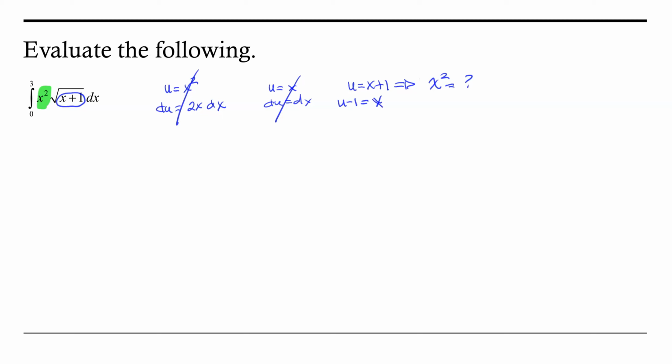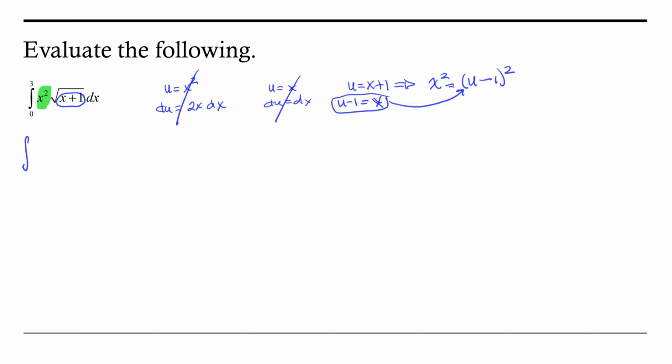And if u minus 1 is equal to x, then I can use this information, and my x squared can become u minus 1 squared. And you're probably thinking, okay, but how does that actually play out? Well, let's take a look.